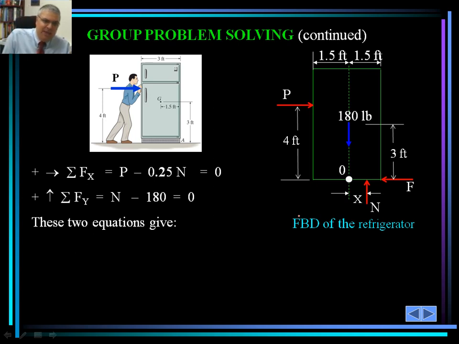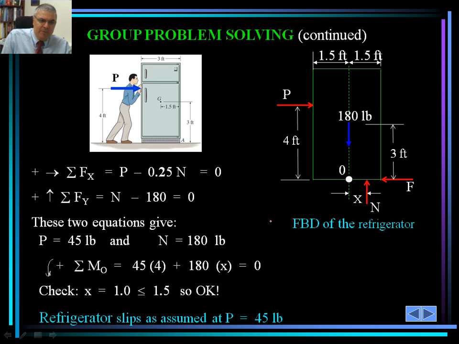As such, we can calculate N as 180 pounds. And knowing N, we're going to plug it back into this equation. As such, 180 times 0.25 would be the magnitude of P, which is 45 pounds.